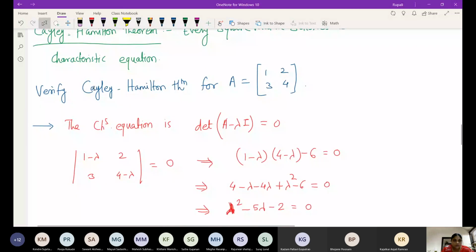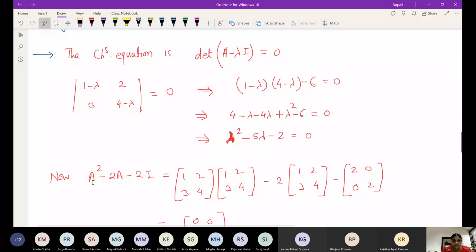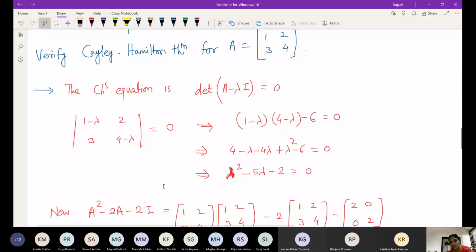Whatever we have verified for the 2 by 2 matrix, we got its characteristic equation as A square minus 5A minus 2I, that is, lambda square minus 5 lambda minus 2 is equal to 0. That is the characteristic equation, so A satisfies this equation. If it is a 3 by 3 matrix, it will satisfy a cubic polynomial, right? If my matrix is of order n by n, then its characteristic equation will be an nth degree polynomial. Is that right?